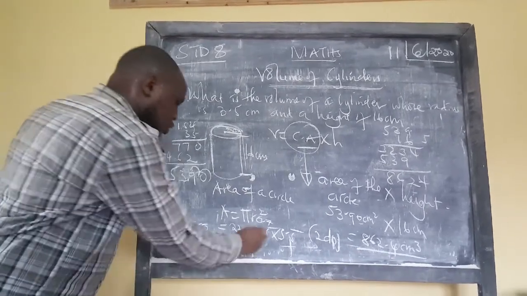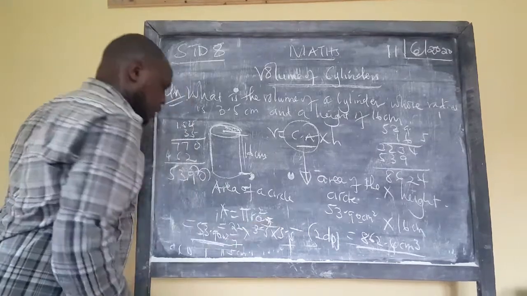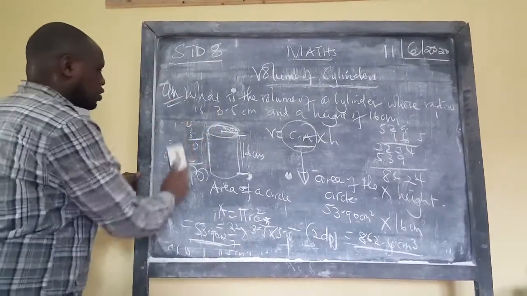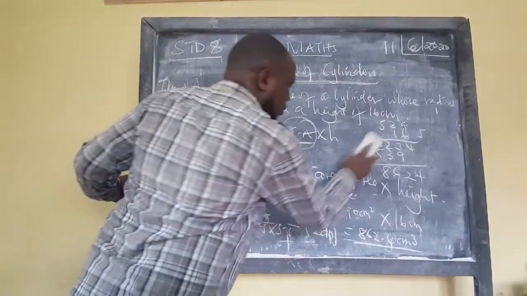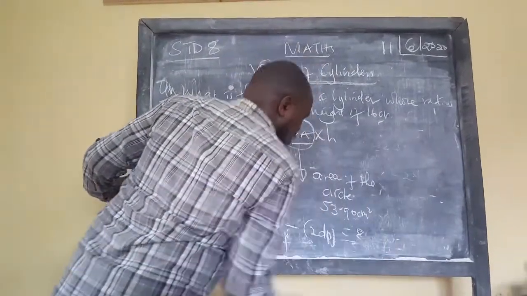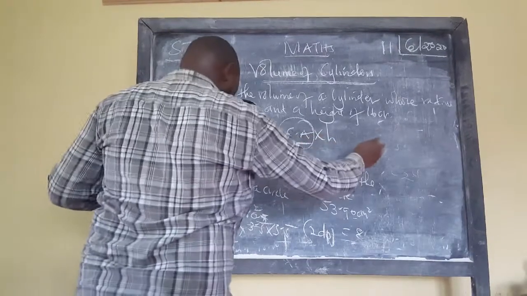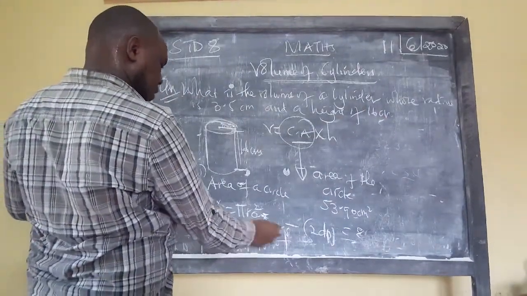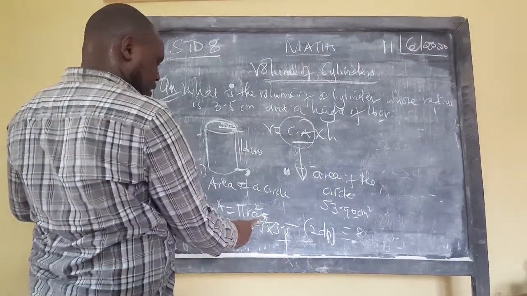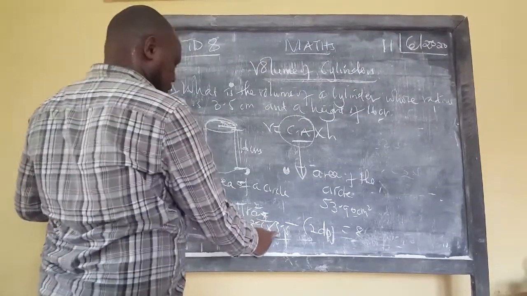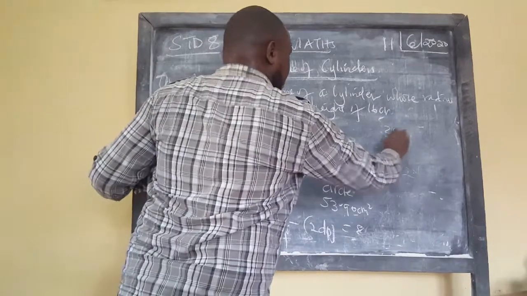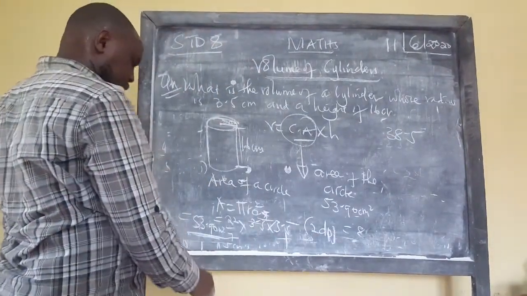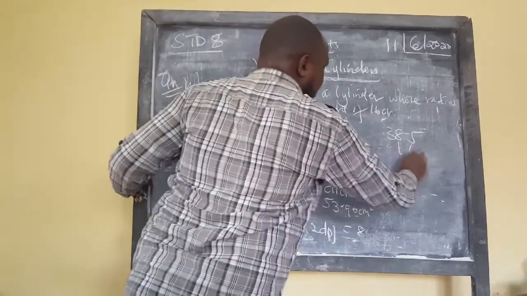So this is 0.5. Alright, this is 0.5. In our calculation, we might have gotten it wrong because this is 0.5. So that will be 11 times 35. That is going to be 38.5. 38.5 times now the 16.